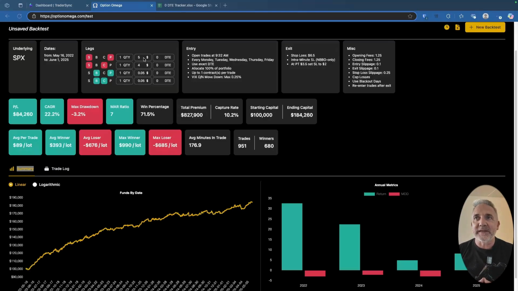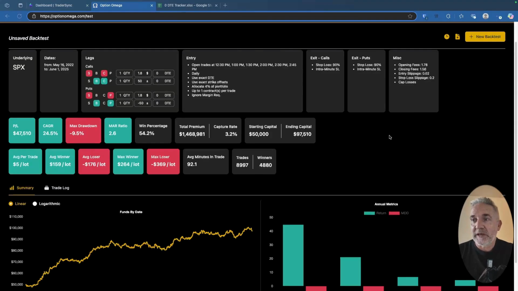And you can take a look at the backtest. Let me pull it up here real quick. As you can see here, the win percentage is 71.5% on this particular strategy with a max drawdown of 3.2%. Let's compare that to the MEIC for the same time period.